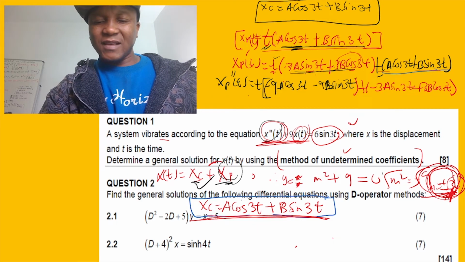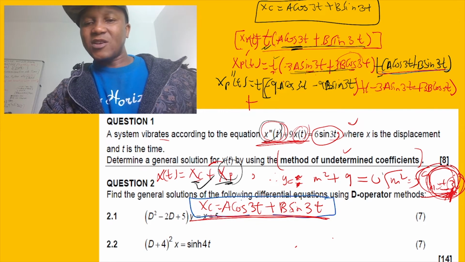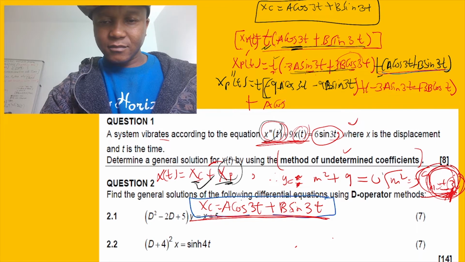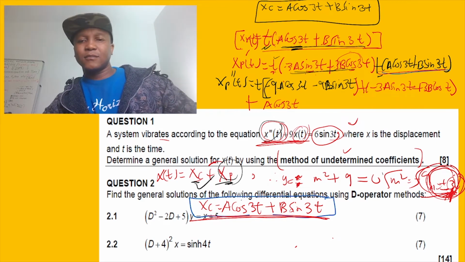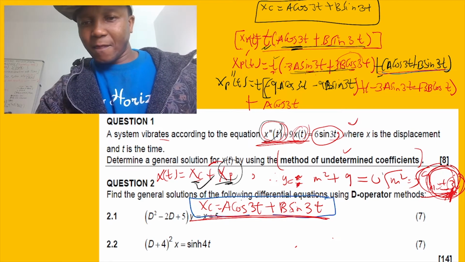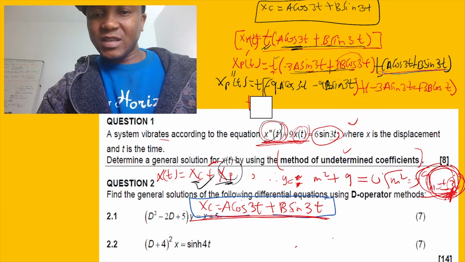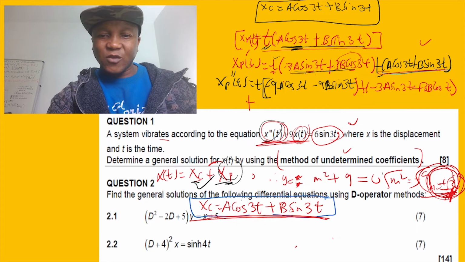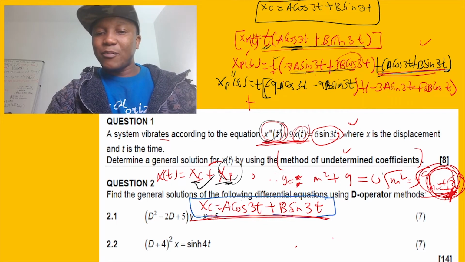But remember, you must plus this one right here, a cos 3t, but we must differentiate my poly. We can't just write constant my poly. We must differentiate that one. I'm sorry about that, because we differentiate to find the second derivative. So let's differentiate this. I apologize about that.